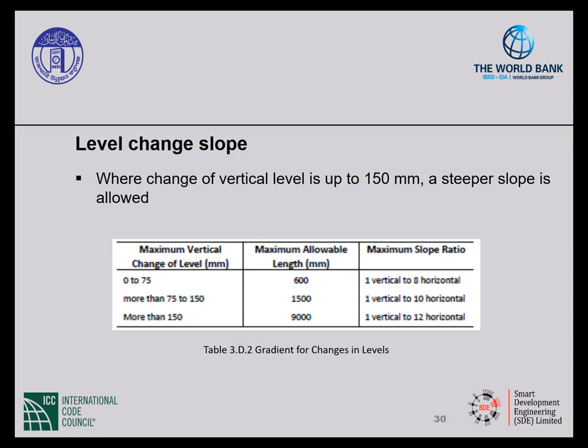For more than 75 millimeters and up to 150 millimeters in vertical change of elevation and a maximum allowable length of 1500 millimeters, you can use a slope of 1 unit vertical to 10 units horizontal. And again, where more than 150 millimeters of vertical change occurs and a maximum length of 9,000 millimeters, the maximum slope is 1 unit vertical to 12 units horizontal.